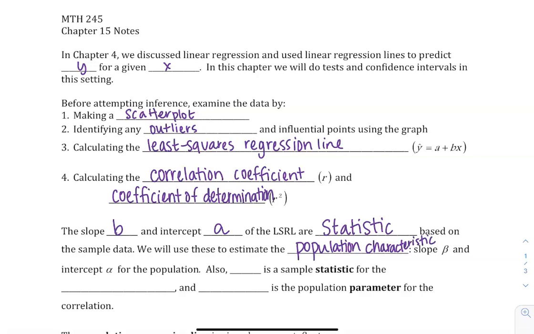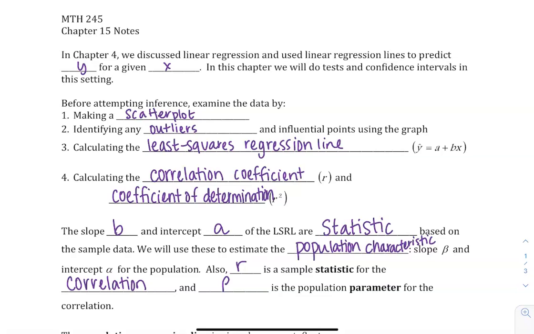We're looking at the true slope beta and the true intercept alpha for the entire population where our sample came from. Also, r is a sample statistic for the correlation, and the test that we do will also provide us with a way to test rho, which is the population parameter for correlation.